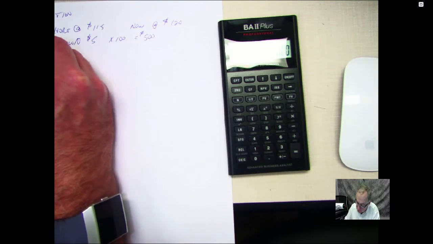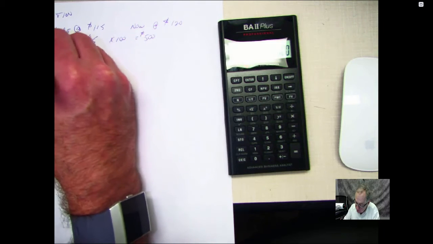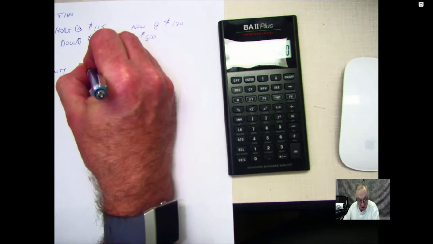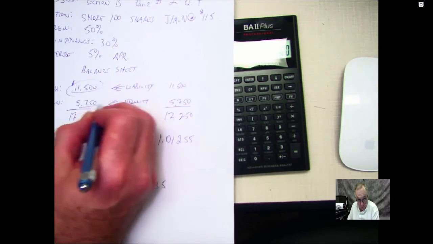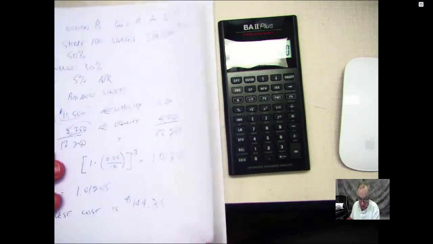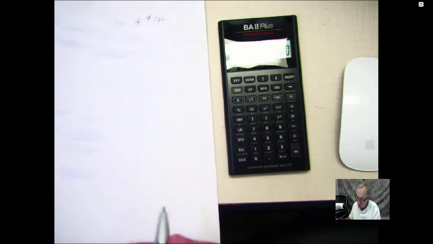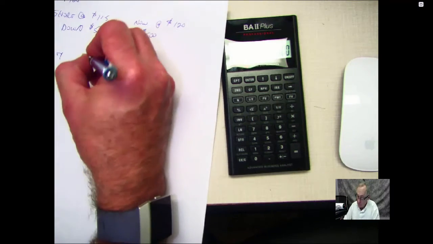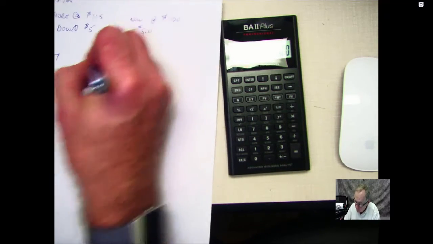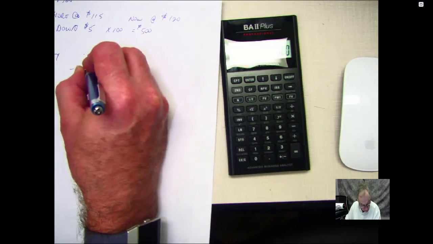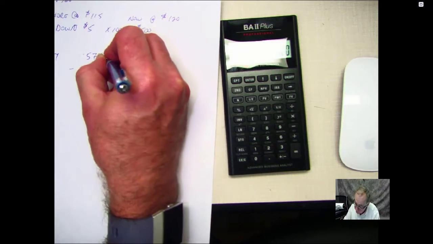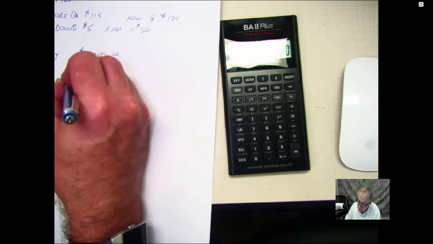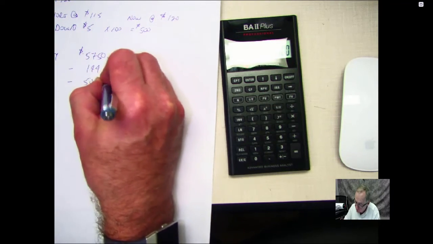So let's look then at our equity. Equity started at 5,750. We paid interest, $144.35, and we've lost $500 as the position went against us.